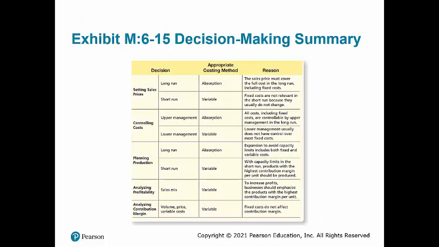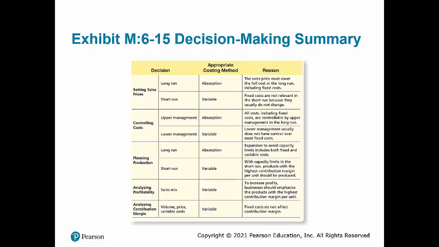This exhibit summarizes the situations in which managers must make decisions and the costing system that is appropriate in each situation. In setting the sales price and planning production, in the long run, absorption costing is most appropriate. However, in the short run, variable costing is more appropriate.